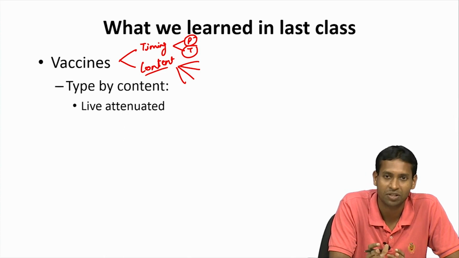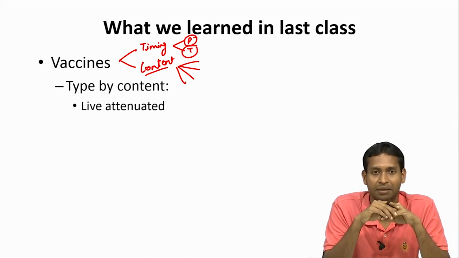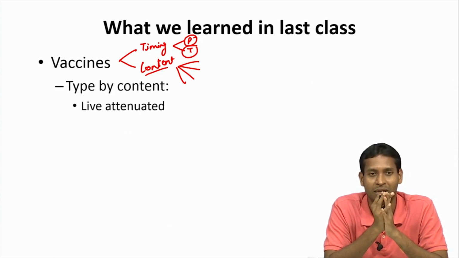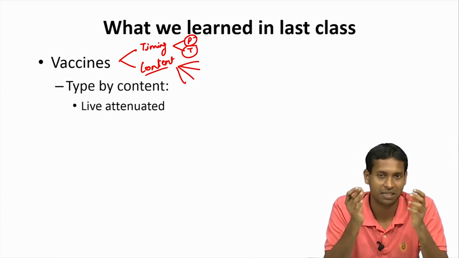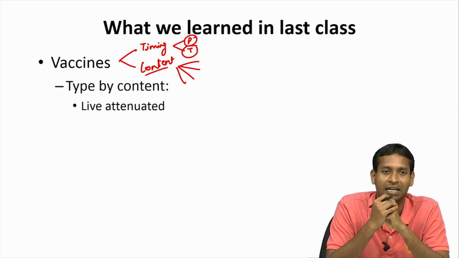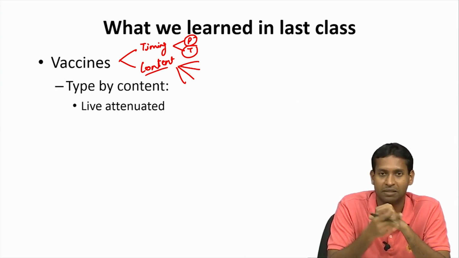These are highly immunogenic, the body reacts to them like it is an actual disease. So, it is very good in that regard, but obviously there is a big risk: what if these attenuated vaccines are able to get their virulence back, either by some mutation or if allowed enough time, and that may be fairly harmful. So, that is one class.